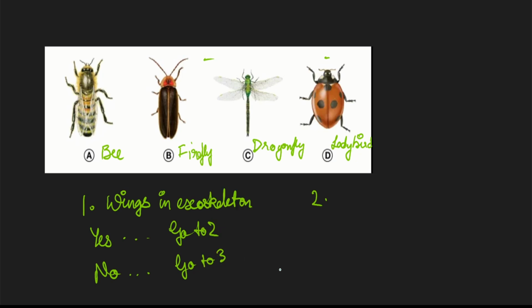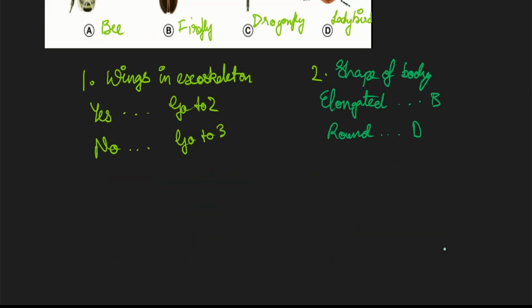When comparing this, we could talk about the shape of their body. If it is elongated, that's going to be B, the firefly, and if it's round, we're going to have D, the ladybird.